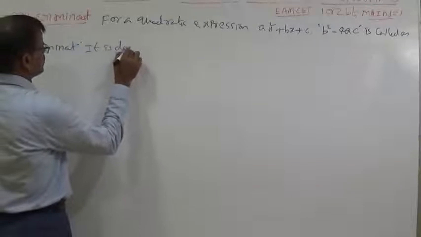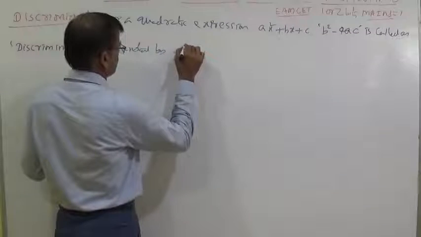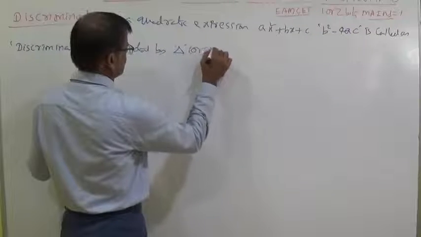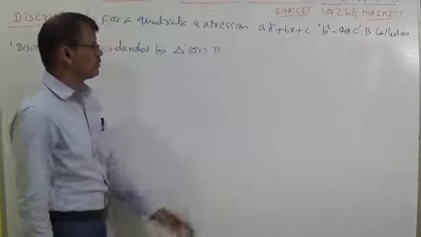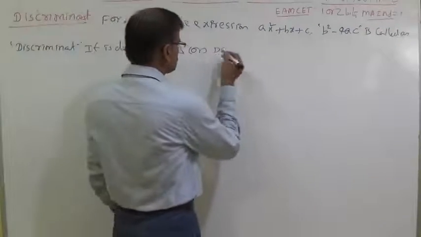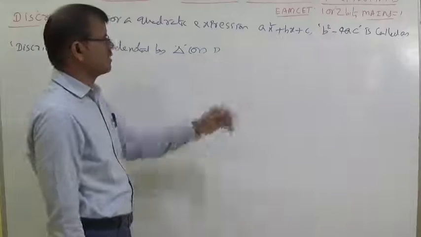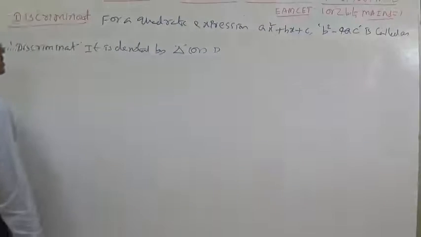It is denoted by delta like this, or D. In some usual notation it is delta. In some books, in Arihant like that, standard books, they may give it as capital D, delta or capital D.